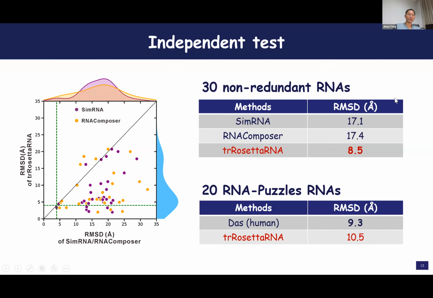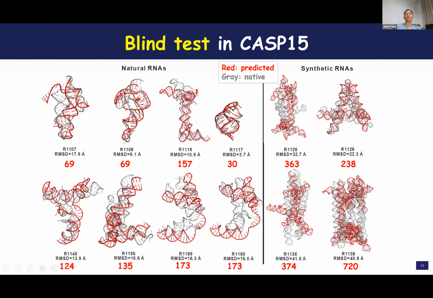Probably a more rigorous one is based on the blind test. So that's the next two tests I want to show. The first is based on this one, probably everybody already knows. In this CASP15, there are 12 RNAs. You can see on the left hand side, we have 8 natural RNAs.